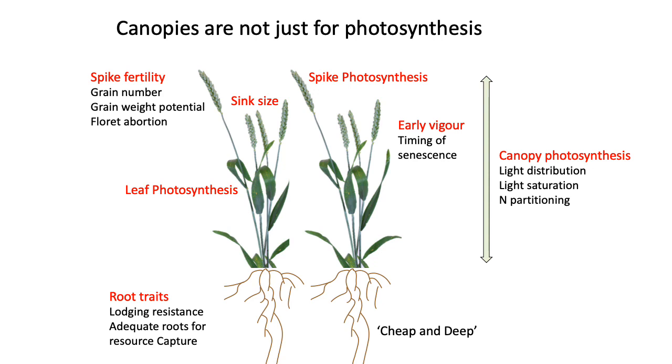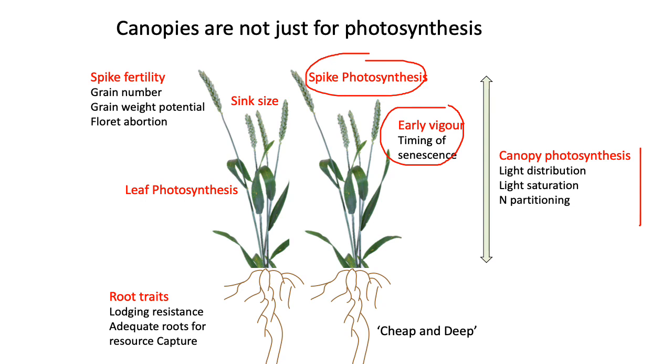As you know, plant and crop canopies are complex systems. They are not just for photosynthesis, they are also for structure and reproduction and development. So for example, canopy photosynthesis might consider light distribution, light saturation, and be linked to nitrogen partitioning, but in the 3 and 4 dimensions we must also consider the timing of senescence. We would look at things like spike photosynthesis, the positioning of the spike and activity of spike in a wheat plant, for example.